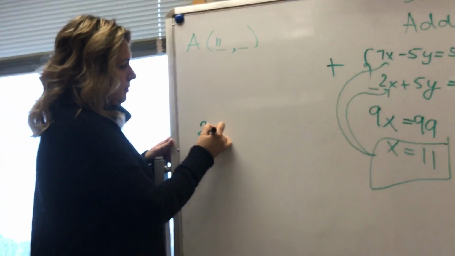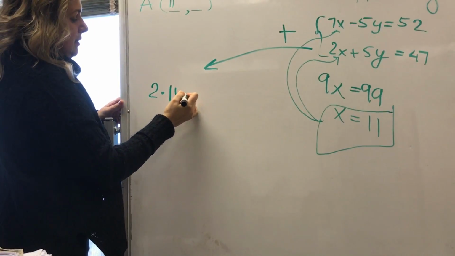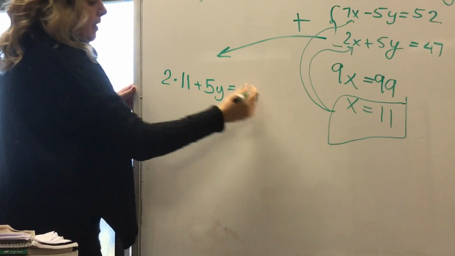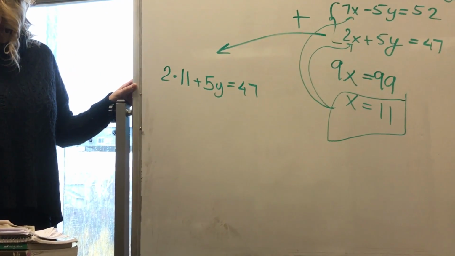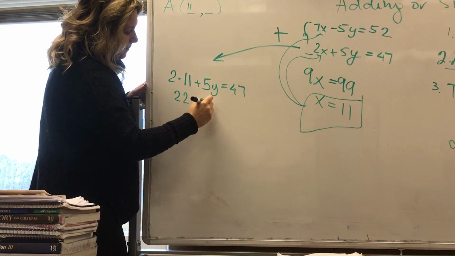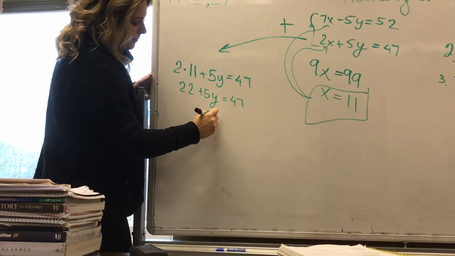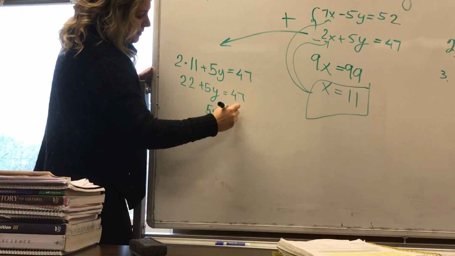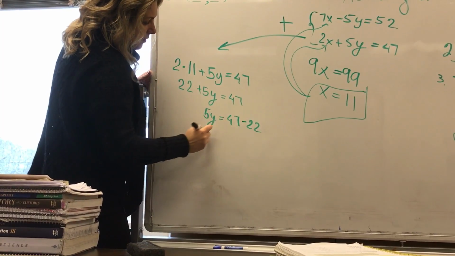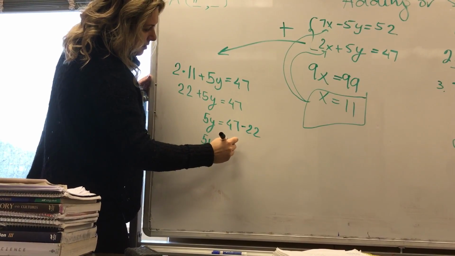2 multiplied by 11, so we chose that one. Plus 5y equals 47. And this you know how to do, don't you? 22 plus 5y equals 47. 5y equals 47 minus 22. 5y equals 25.